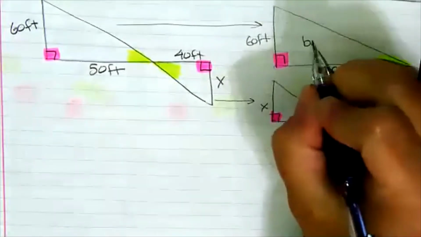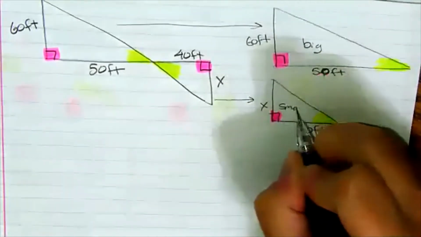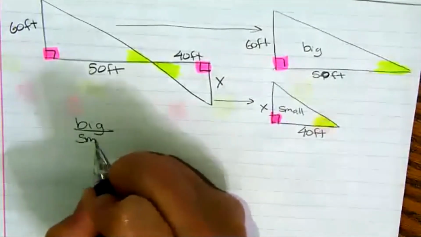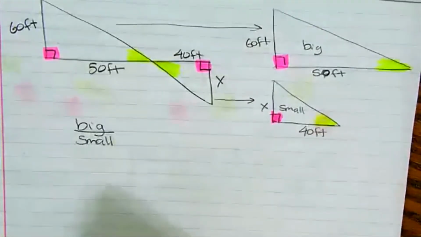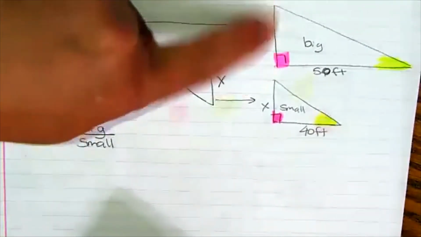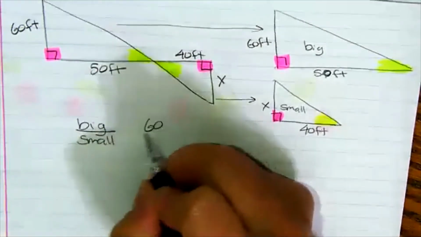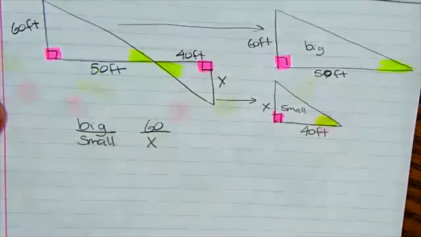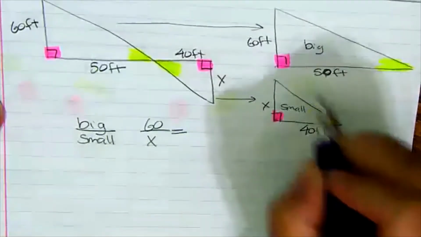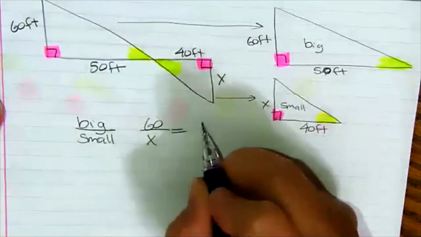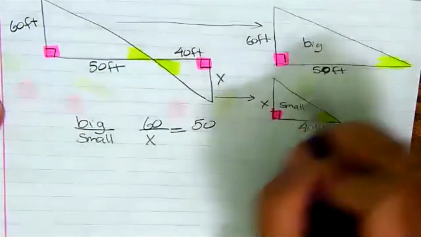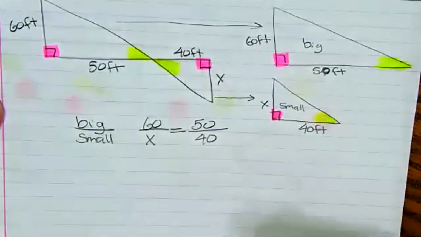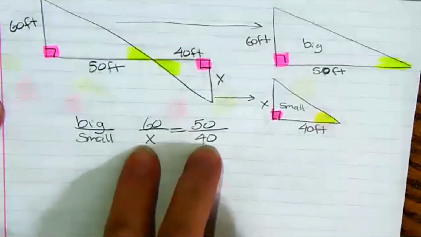So this is my big triangle and my small triangle. I'm going to set up big over small. So the height of the big triangle over the height of the small triangle should be equal to the width of the big triangle over the width of the small triangle. We've now set up our proportion.